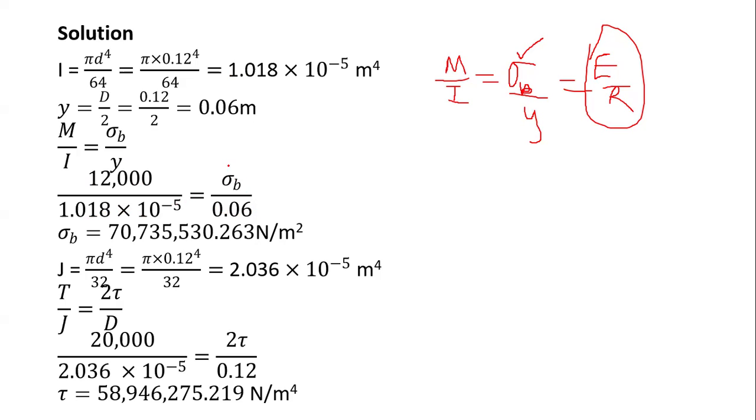So if I make this the subject of the formula, it simply involves cross multiplying there, and I'll have 70,735,530.263.